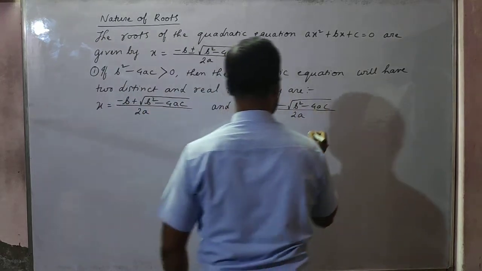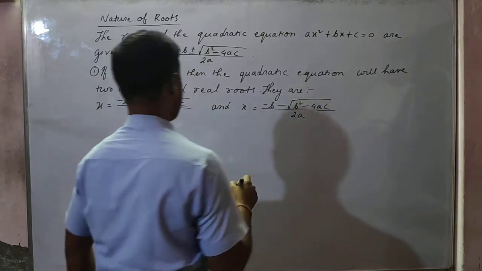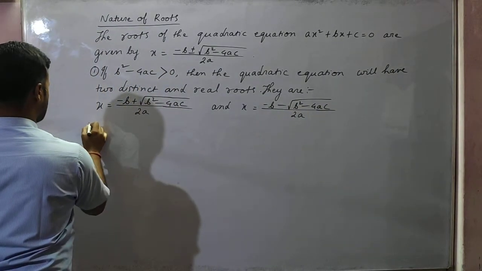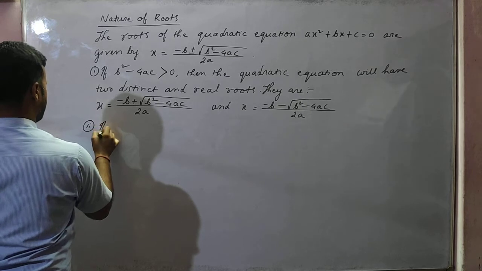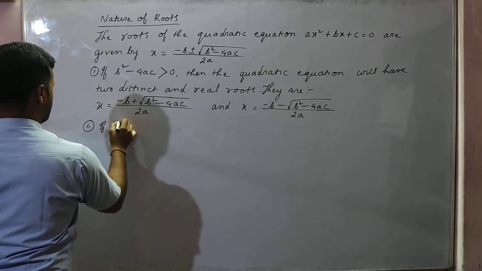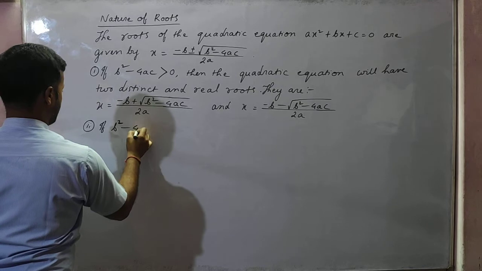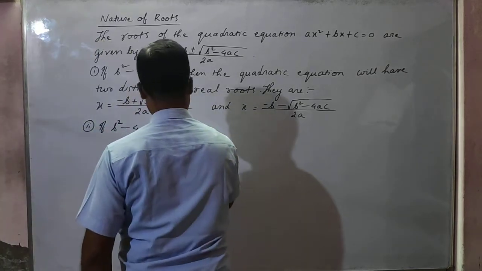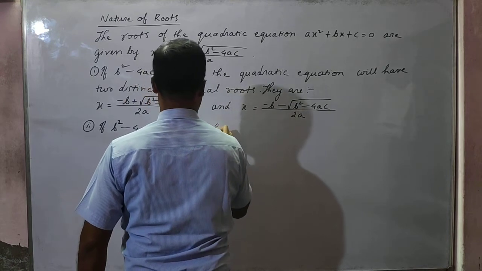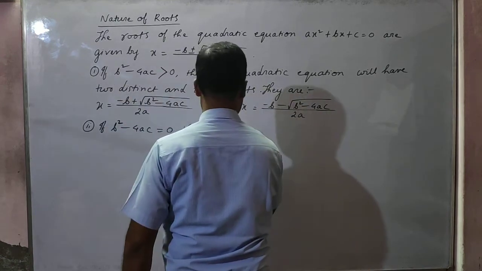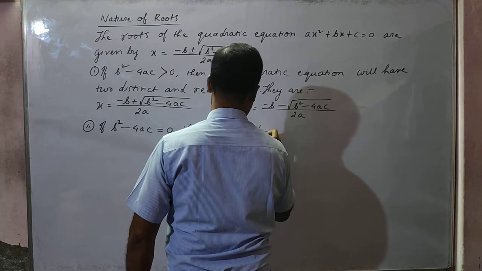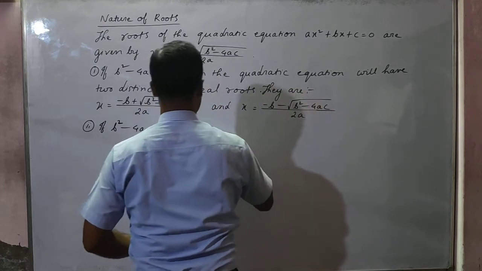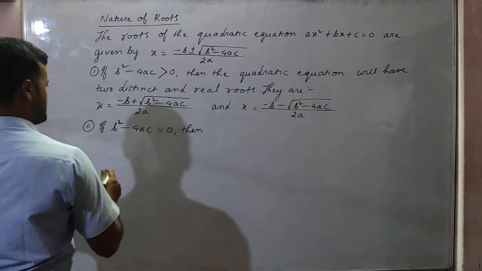Okay, friends. Okay, so number 2, if b square minus 4ac is equal to 0, then the quadratic, okay, then let us check.